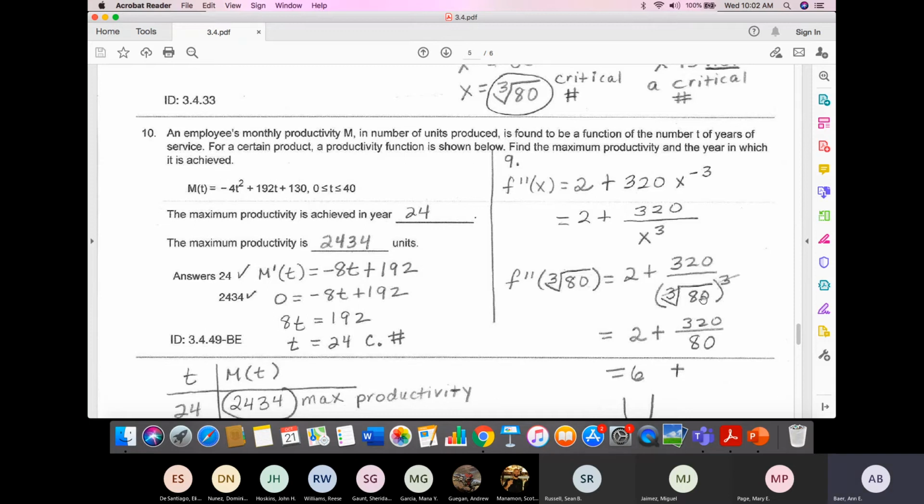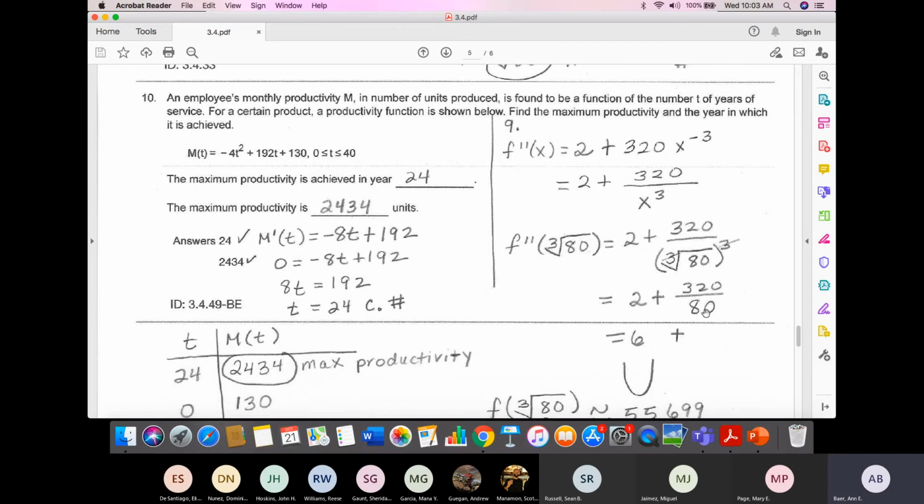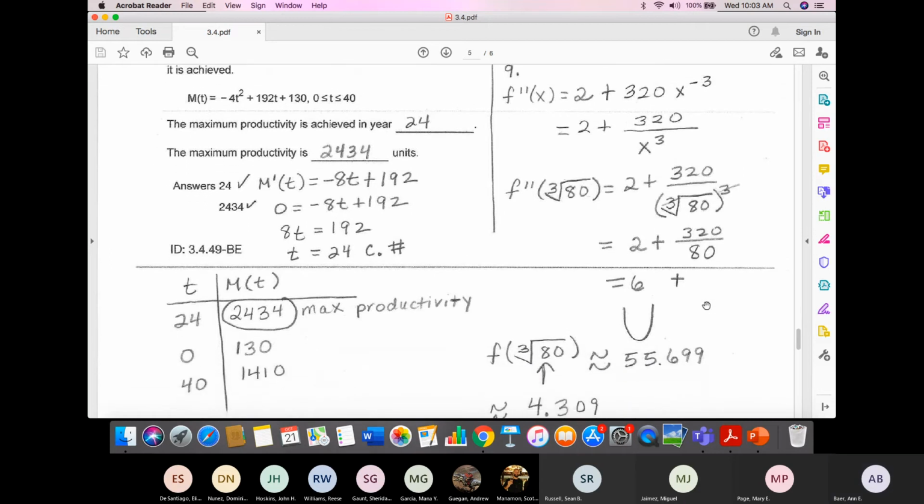But then that is cubed by this power 3 here. What's nice is cube rooting undoes cubing, so all we're left with in that denominator is 80. So we get 2 plus 320 over 80, like that.